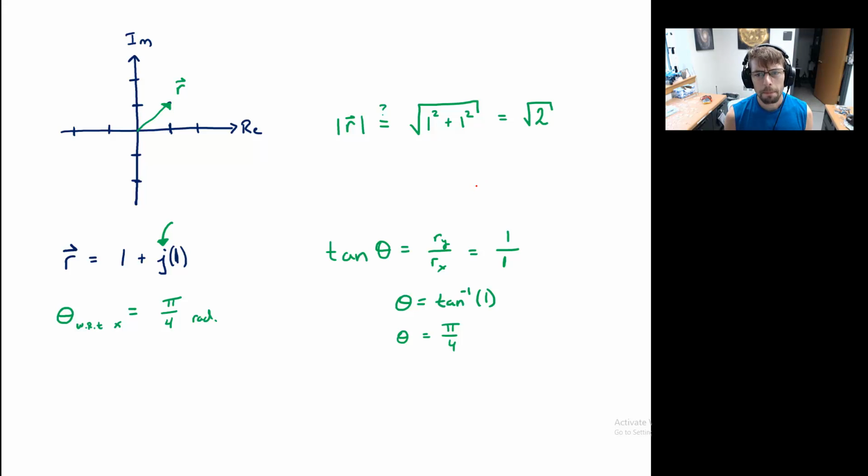Last thing, well, not last thing, but another thing to note. So I'm going to introduce another idea that comes along with this complex analysis. And it relates to finding the magnitude of a vector. Let's say for a moment that you don't want to actually have to graph the vector in order to find the magnitude.